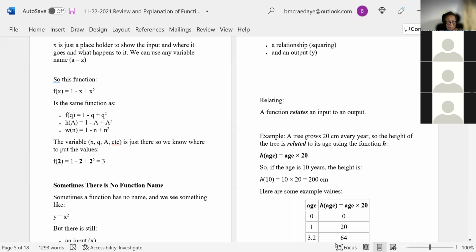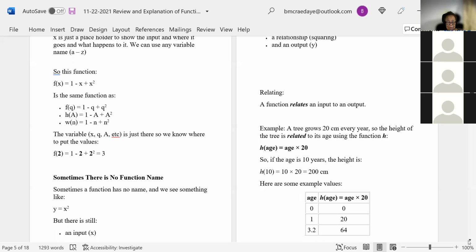All right. If you have this formula, and that's the relationship, you apply that to the age, and you get the output. So if the age is 0, 0 times 20 is 0. So the function for h of age is 0. But if the age is 1, you'd have 1 times 20, and that would be 20. Is that clear?